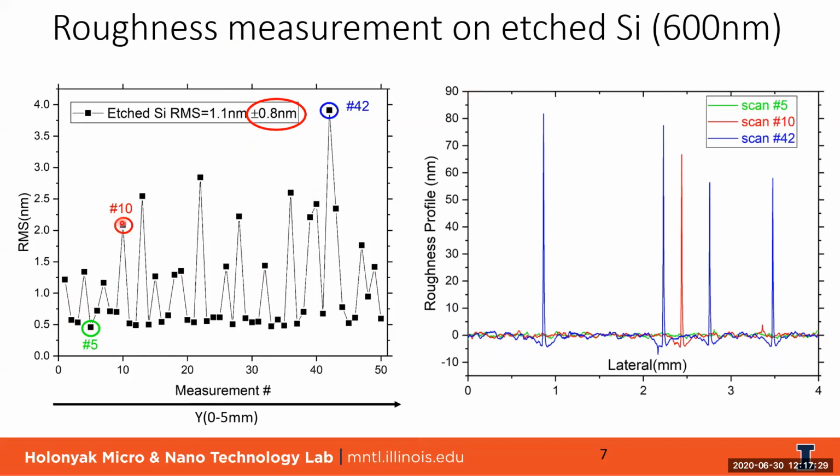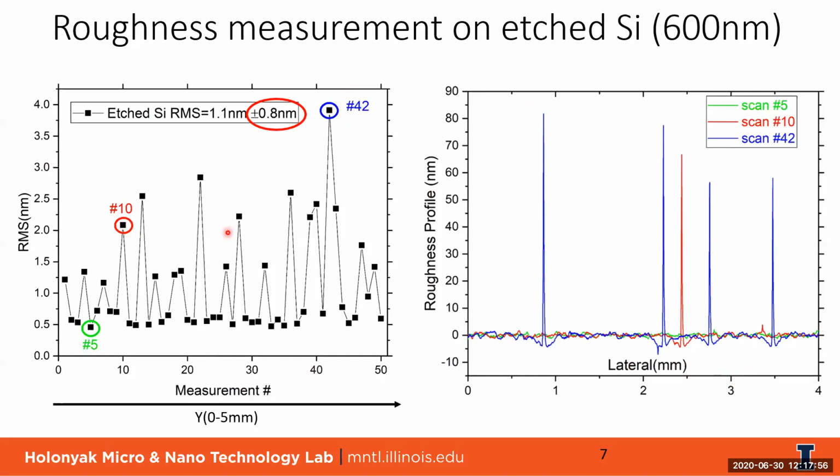However, for scan number 10, you see a huge peak. For scan number 42, you actually see 4 peaks. However, the RMS only focuses on 1 to 3 millimeters. So basically, this RMS only represents the data with 2 peaks. And that's why you can see that the RMS here is about 4 nanometer and here is about 2 nanometer.